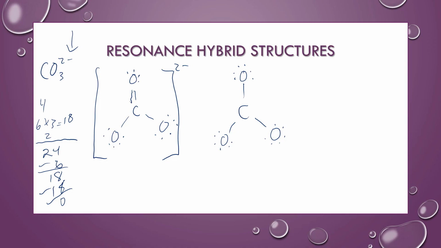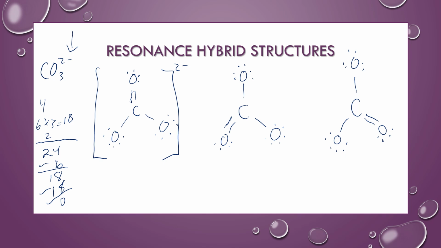But instead of grabbing the lone pair from the top oxygen, you could have just as easily grabbed it from this left one. I could have also grabbed the lone pair from the right oxygen and changed that one into a double bond. Because all of those oxygens are equal, they're the same atom, they're all around that central carbon. All 3 locations are equally possible.